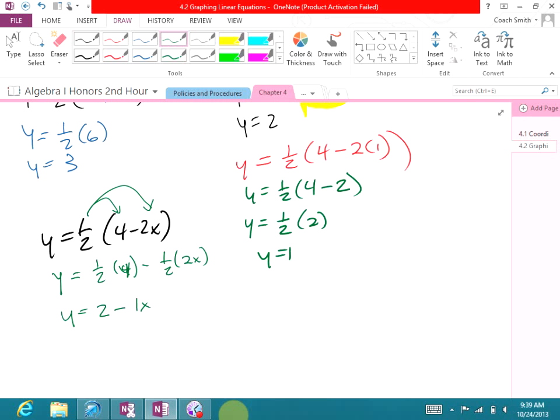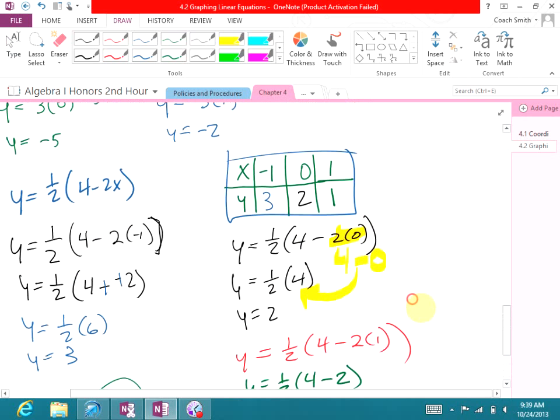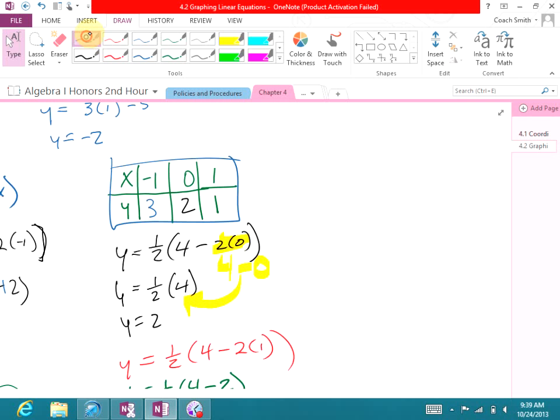Now, so that's step 1 and 2. Let's go ahead and get our answer up here. The answer is not the input-output table. The answer is the -1 and 3 as my first ordered pair, the 0 and 2 as my second ordered pair, and then the 1 and 1 as my third ordered pair.